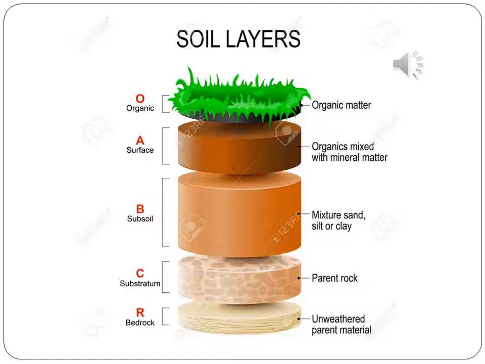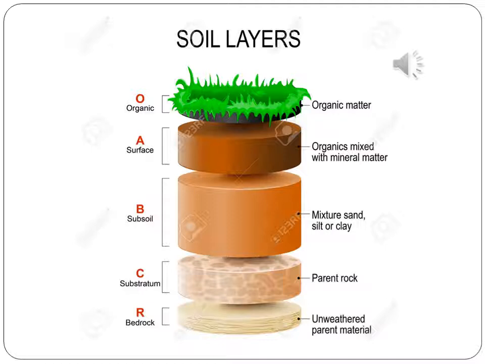So the soil is arranged in layers or horizons during its formation. These layers or horizons are known as soil profile. The layers of soil can easily be identified by soil colors and size of soil particles. Each layer of soil has distinct characteristics.